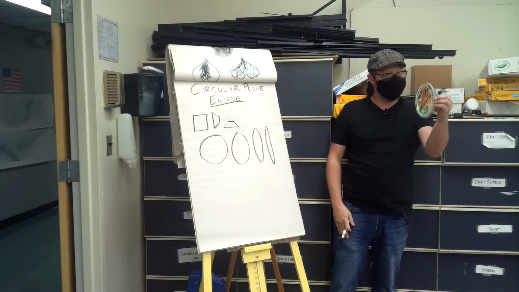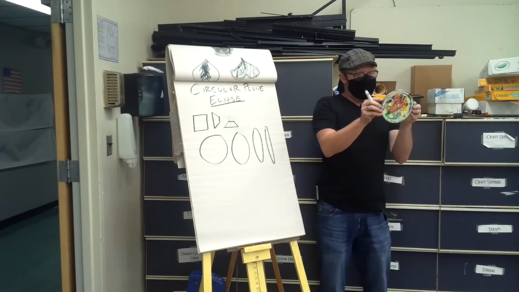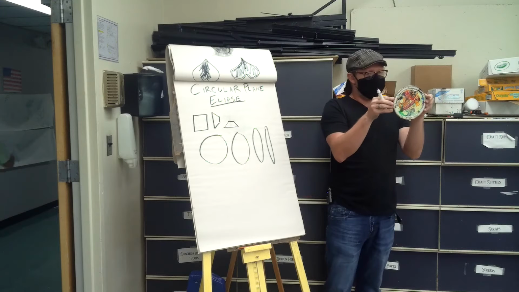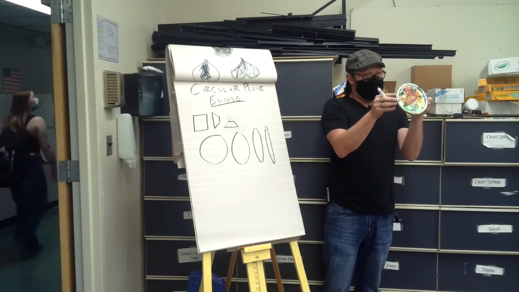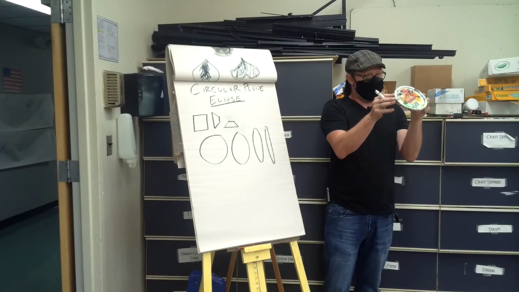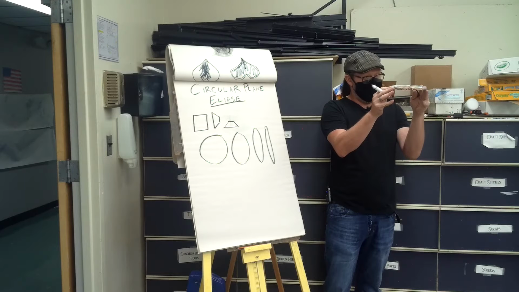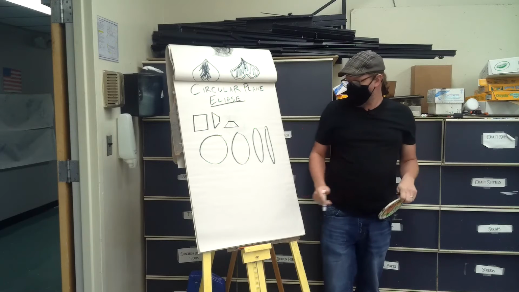And then the same thing happens only on a horizontal axis if we foreshorten it in this direction. That circle becomes an oval and becomes more of a pinched and squished oval until eventually it would just be a straight line.